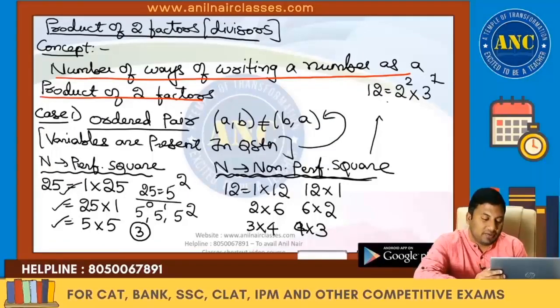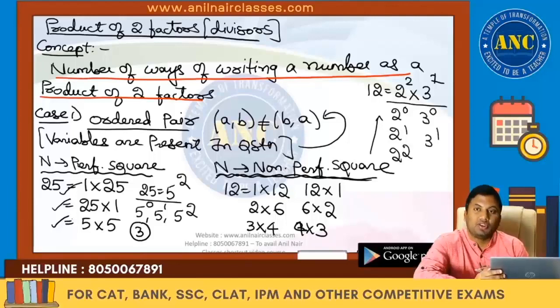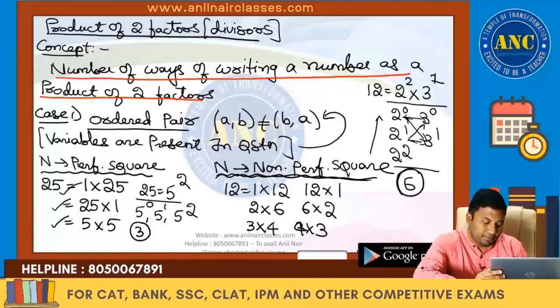How many factors do we get for this number? Split all the powers: 2 power 0, 2 power 1, 2 power 2, and 3 power 0, 3 power 1. 1 into 1, 1 is a factor. 1 into 3, 3 is a factor. 2 into 1, 2 is a factor. 2 into 3, 6 is a factor. 4 into 1, 4. 4 into 3, 12. 3 into 2, 6 cases. What are those 6 cases? 1, 2, 3, 4, 6, 12.